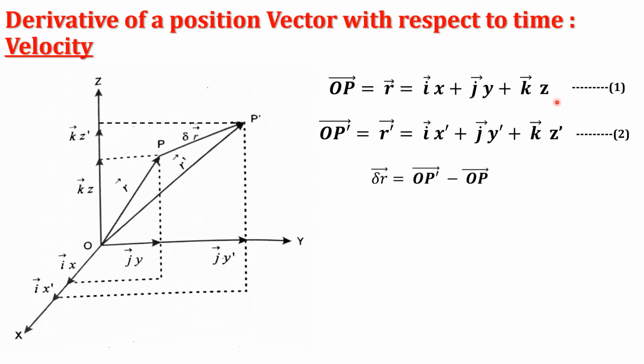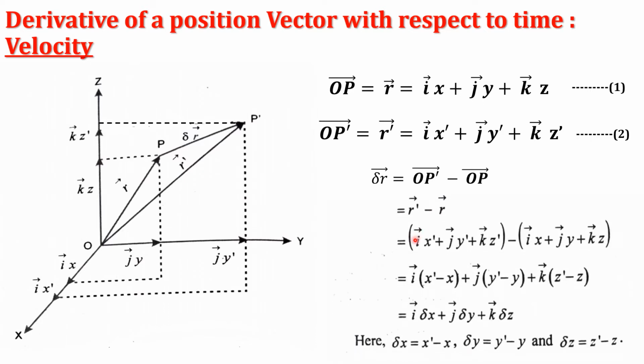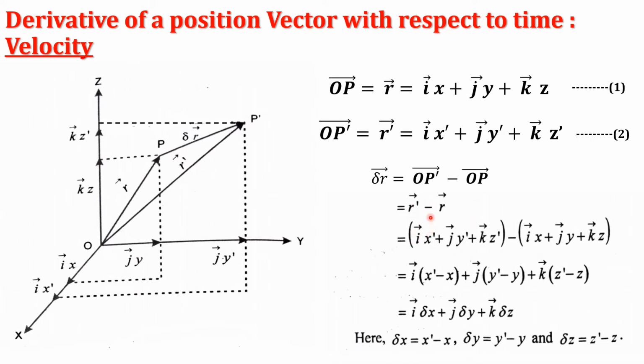We substitute r and r dash from equations 1 and 2 in this equation, and we rewrite it: substitute r and r dash, take the subtraction of these two, and rearrange all the terms. r dash is i x dash plus j y dash plus k z dash, minus another bracket, the OP, that is vector r, i x plus j y plus k z.